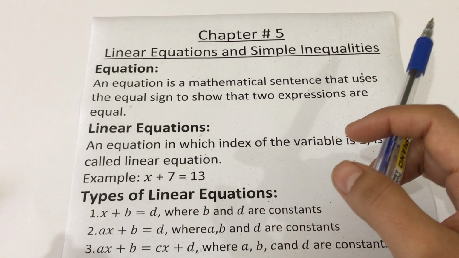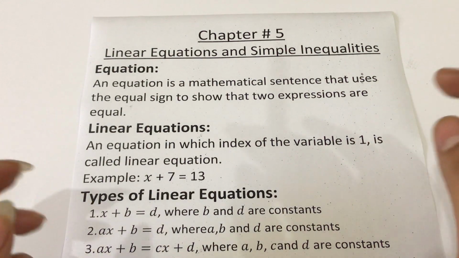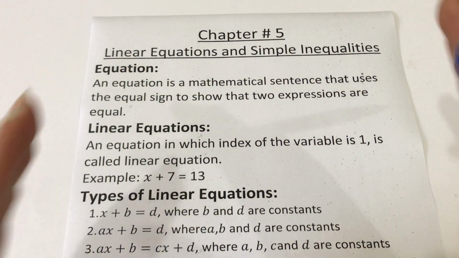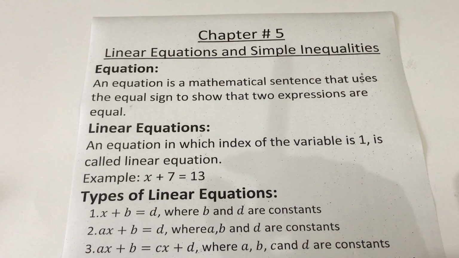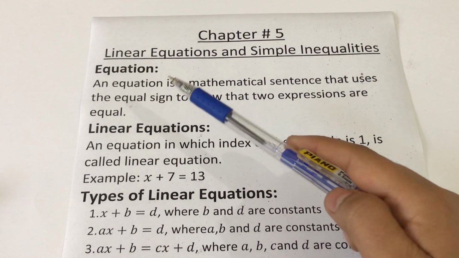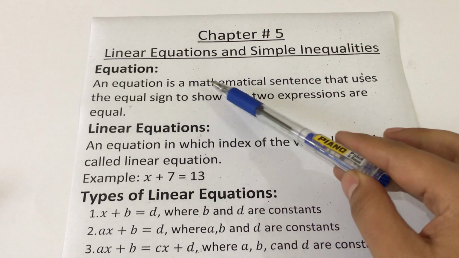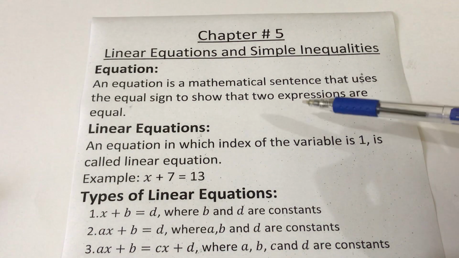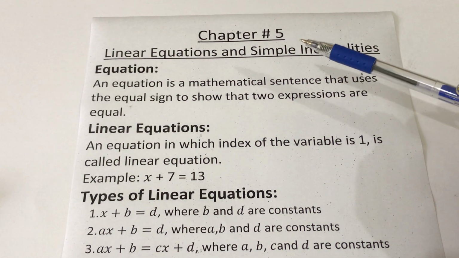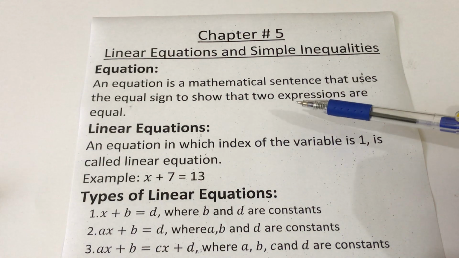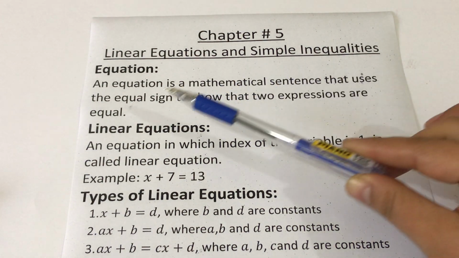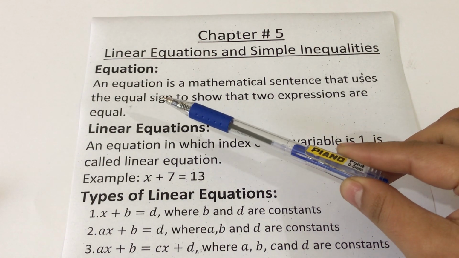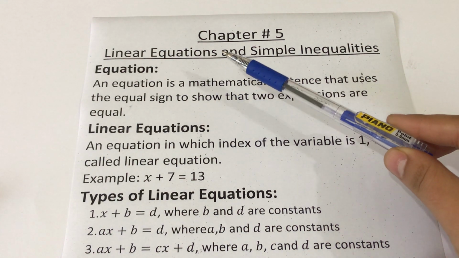So we always use an equal sign to show that two expressions are equal. Right? What's the definition of an equation? An equation is a mathematical sentence that uses the equal sign to show that two expressions are equal. Understood? Okay.